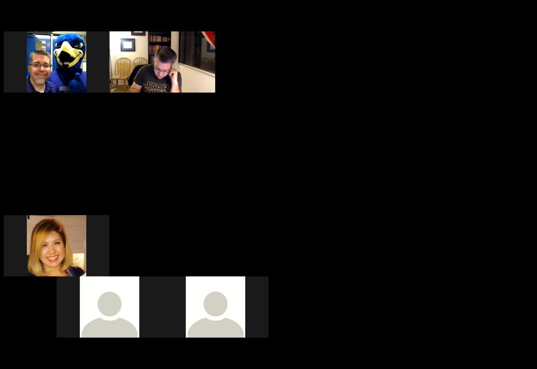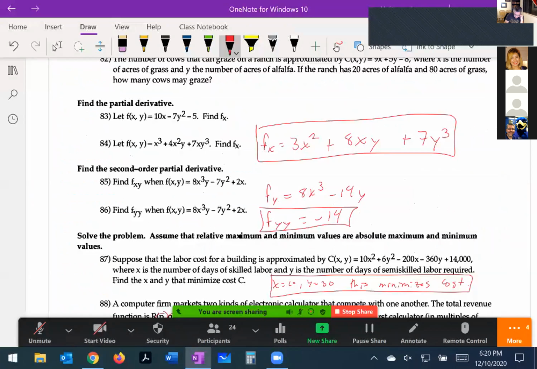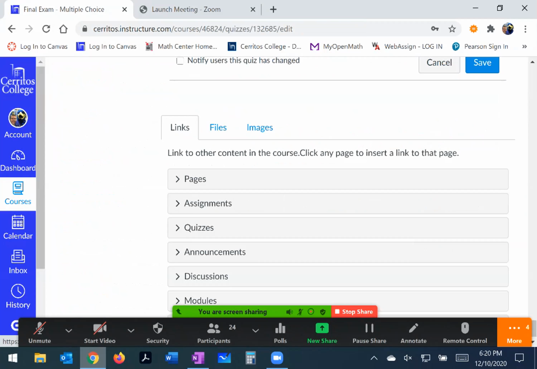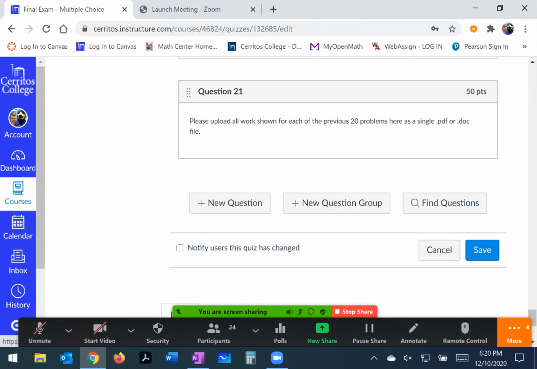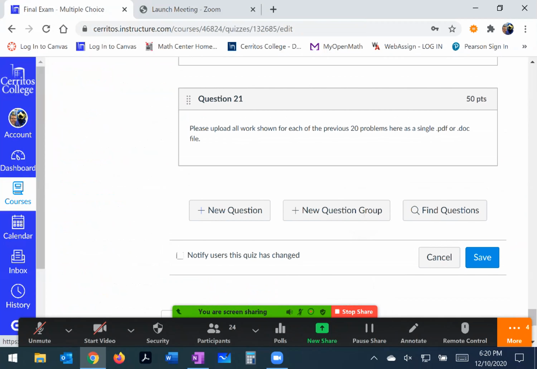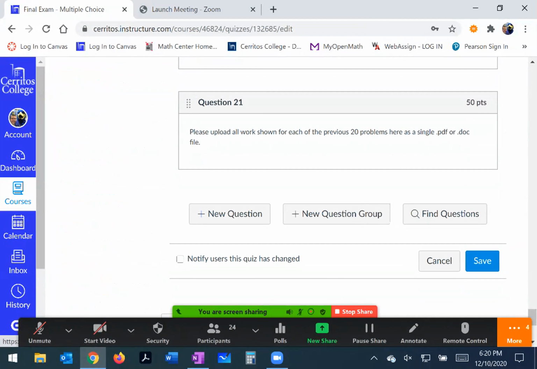Okay, so go back to sharing my screen. If you go back here, you'll see, I don't know why it jumps like that, question 20, and question 21 here.